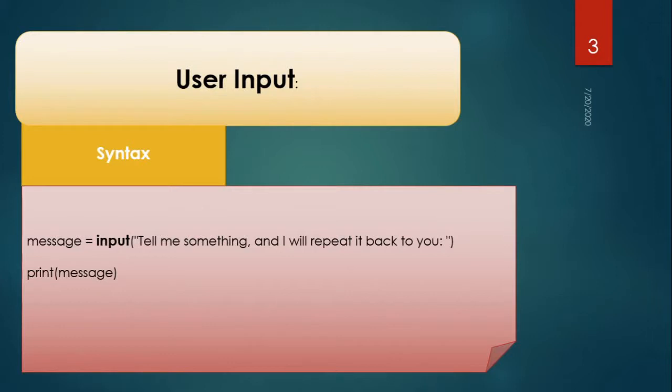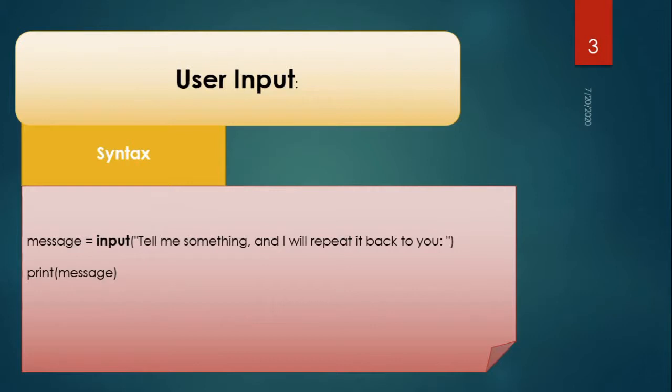After I have entered my input, it will print the message. It is very important: you just write the input command here, and that command will make the program take input from you.